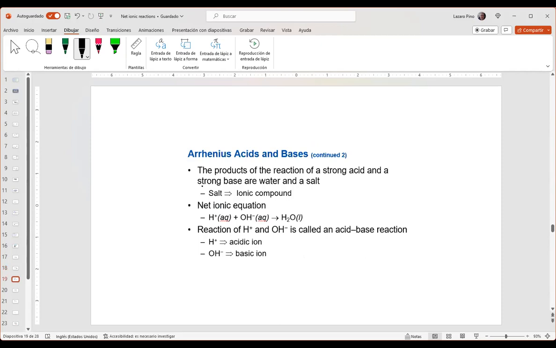Then, in general, for the reaction between an acid and a base, the net ionic equation will be this one: the combination of a hydronium ion with the hydroxide ion to produce water. This is the net ionic equation in the case of the reaction between an acid and a base.